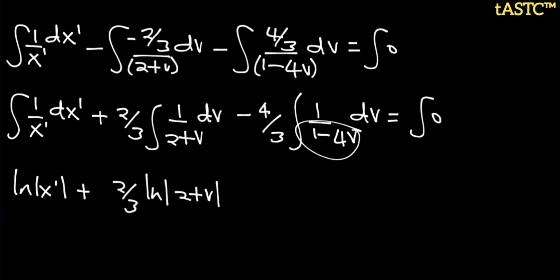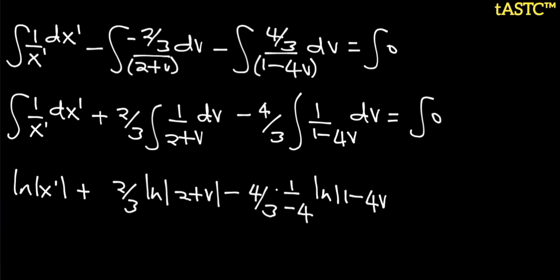And about this place, we actually have 1 minus 4v, so the derivative of this is going to be a negative 4. So that should be a negative 4/3 multiplied by 1 over negative 4, multiplied by ln 1 minus 4v.